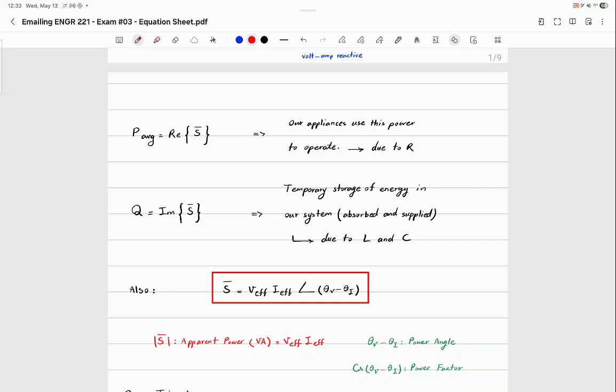We have two new names again. The magnitude of this parameter, the magnitude V effective times I effective, is called apparent power with the units of volt amps. And the angle is called power angle. Okay, so two new definitions.